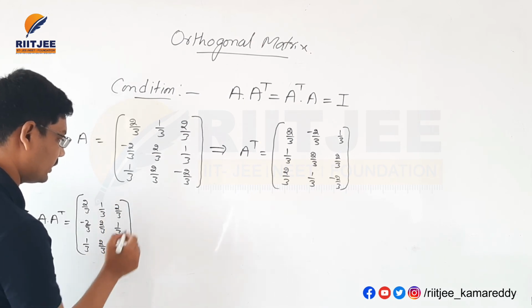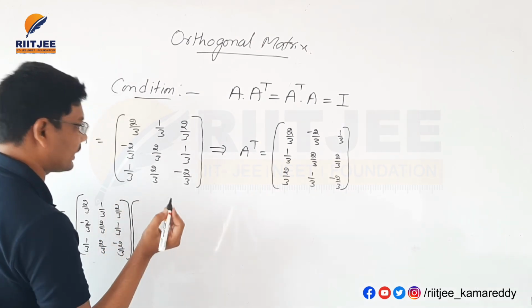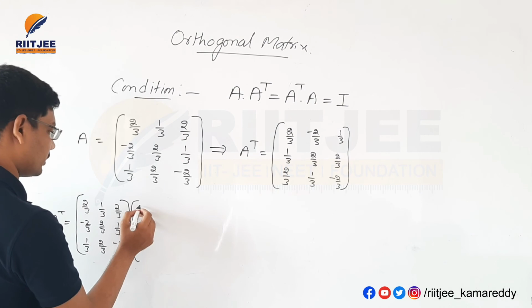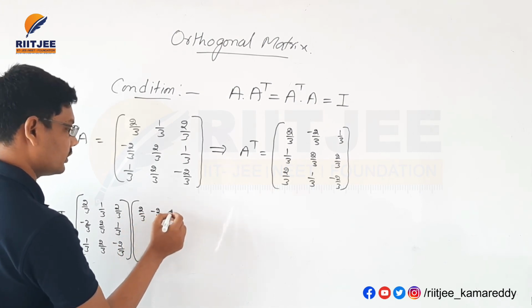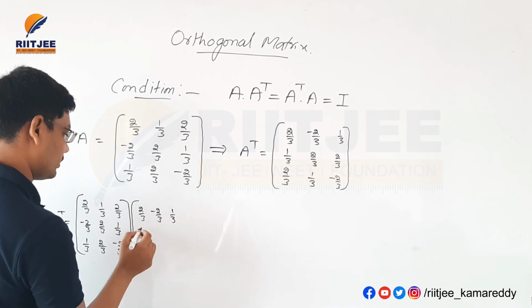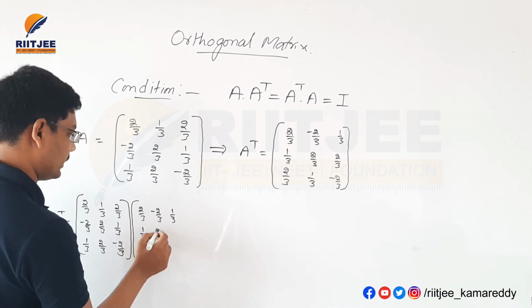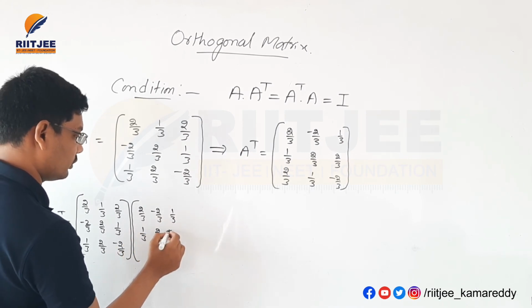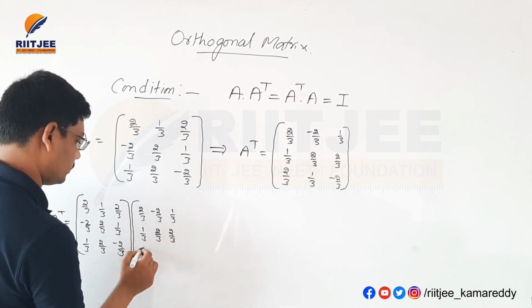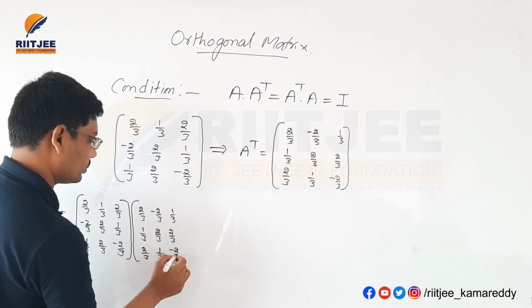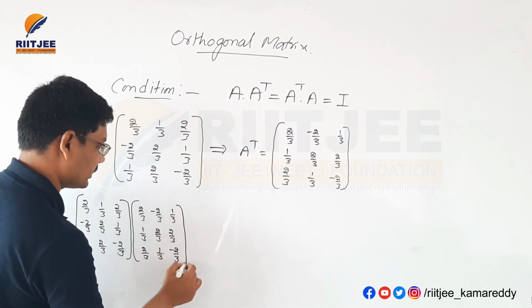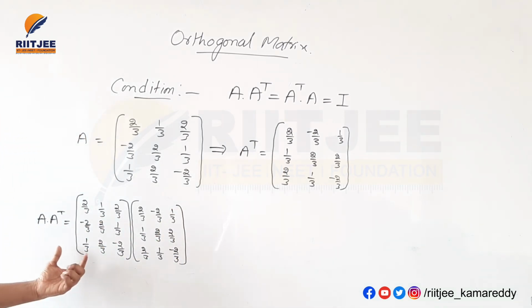Now I am multiplying this matrix with A transpose, which is 2 by 3, minus 2 by 3, 1 by 3; 1 by 3, 2 by 3, 2 by 3; 2 by 3, 1 by 3, minus 2 by 3. Now we are multiplying these two matrices.